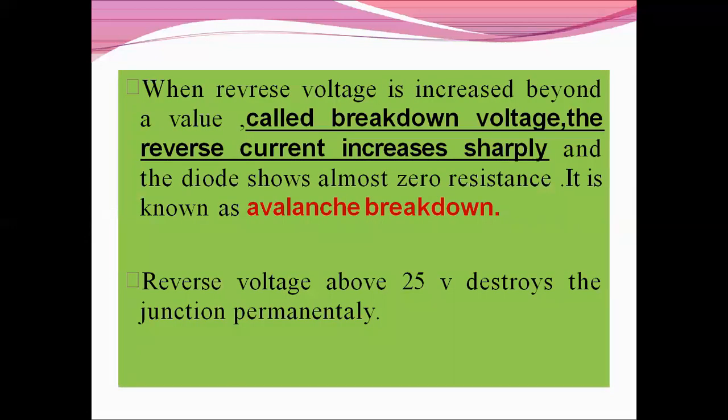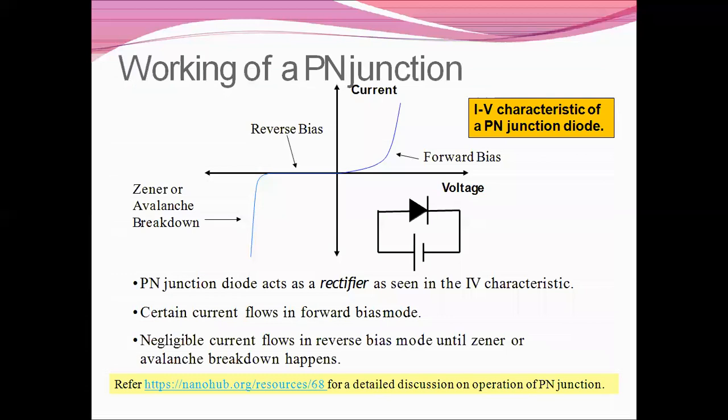When the reverse voltage is increased beyond a value called the breakdown voltage, the reverse current increases sharply and the diode shows almost zero resistance, which is called avalanche breakdown. A reverse voltage of about 25 volts will destroy the junction permanently. This is the working of a PN junction diode. Here they represented the VI characteristics of the PN junction diode.